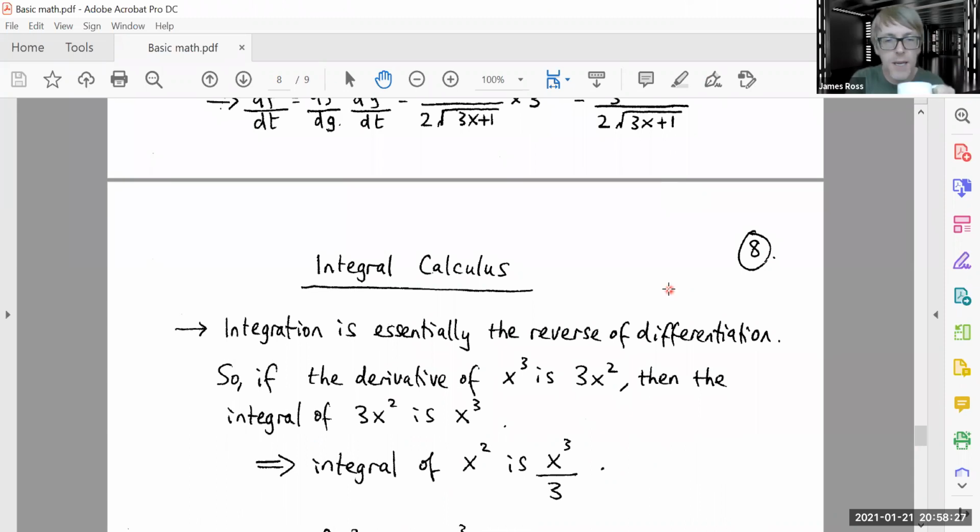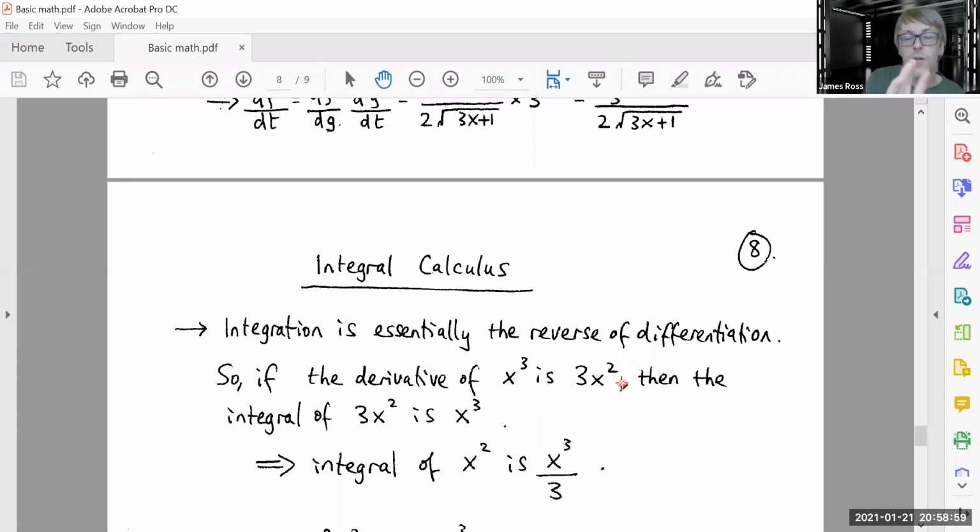Let's look at some basic integral calculus. Again, not a 3-semester sequence in calculus, not needed in general chemistry, but just a feel for some basic uses of the topics. So integration is essentially the reverse of differentiation. We saw earlier that the derivative with respect to x of x cubed is 3x squared.